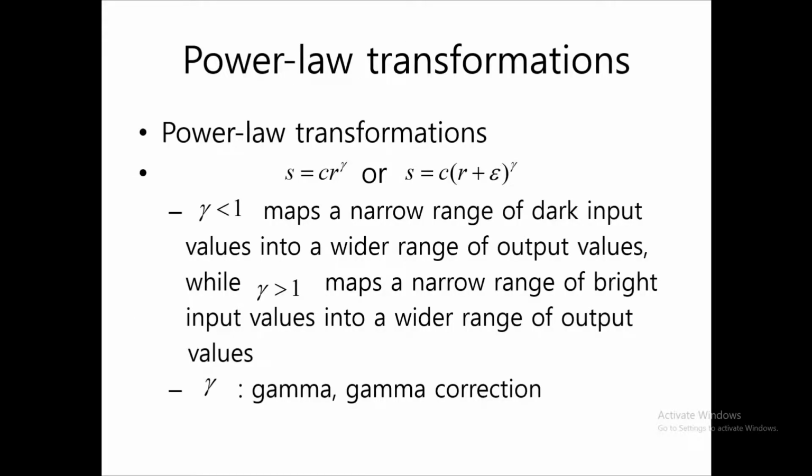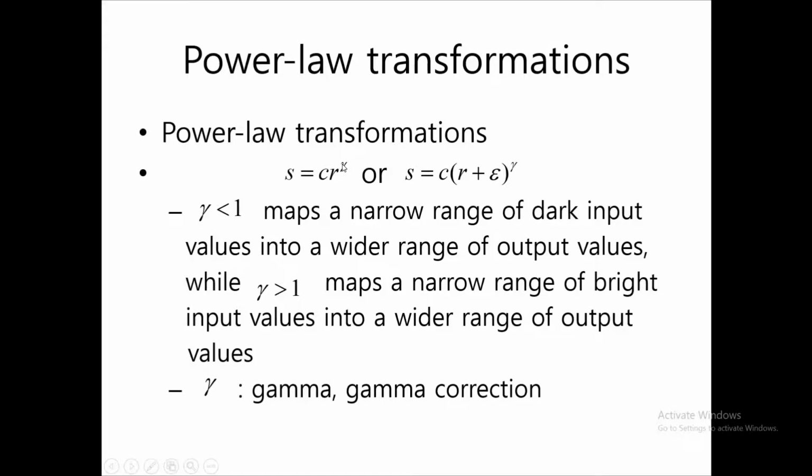Another transformation is the power transformation, which can be expressed with this expression. The output pixel S is given by C multiplied by R, the input pixel, raised to the power of gamma.